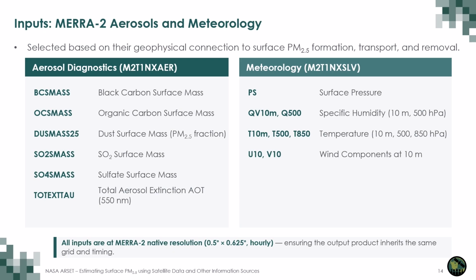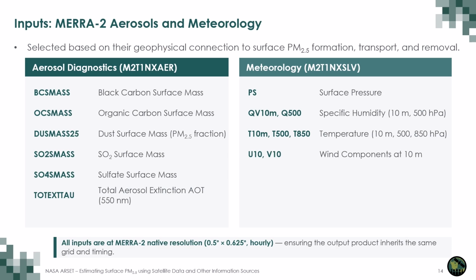In this slide, we summarize the key MERRA-2 inputs we use to model PM2.5 by capturing the major processes that drive aerosol formation, transport, and removal. On the aerosol side, we include black carbon, organic carbon, dust, sulfate, SO2 surface mass concentration, as well as total extinction at 550 nanometers, that is our aerosol optical depth.